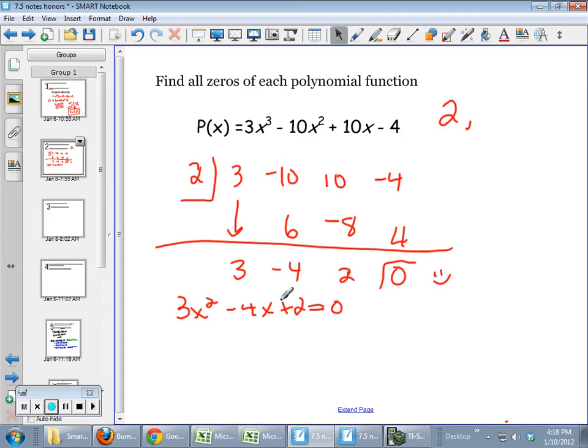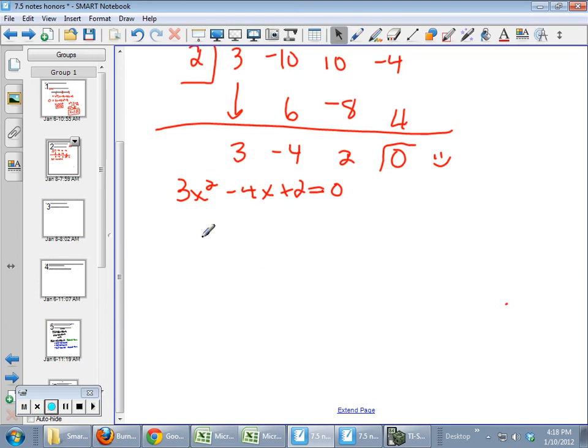Okay, so this one, I don't think it factors. Kind of out of luck there. So I'm going to have to use the quadratic formula here. So, it's x equals negative b plus or minus the square root b squared minus 4ac, all of that over 2 times a.